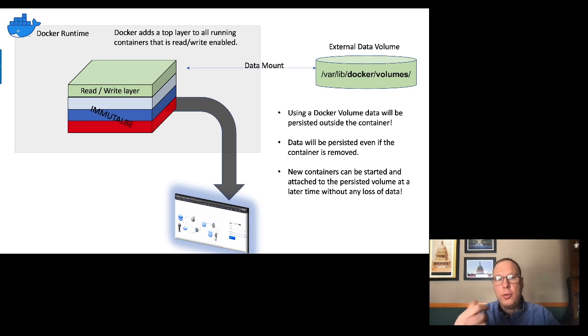You have the ability to externalize where the data is stored for that top layer, and you do that through a Docker volume. We're going to walk through some steps on how to create a volume and then create a container that's going to use that volume for the read-write layer. This will allow you to stop the container, delete the container, create a new container and attach it to that volume and bring your container back to life.